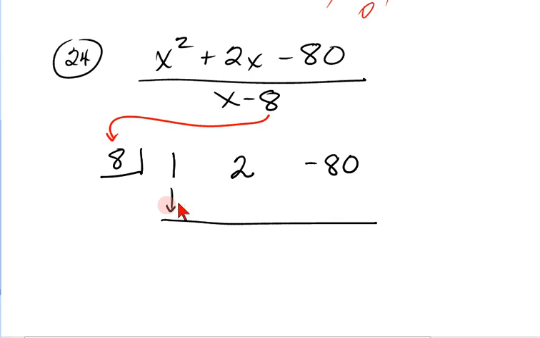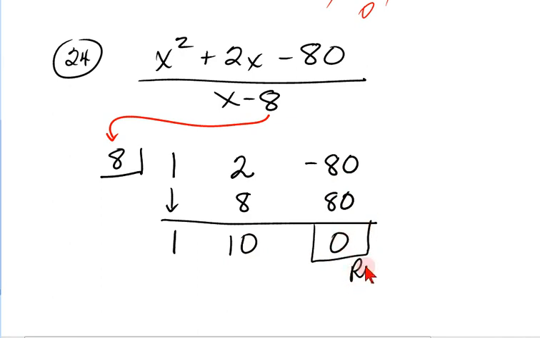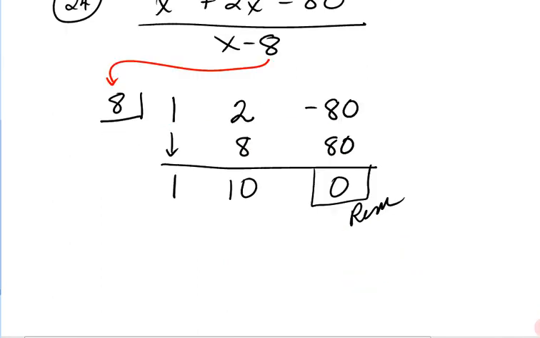Drop the 1. And now it's multiply, write it down, add. 1 times 8 is 8, add for 10. 10 times 8 is 80, add for 0. What is this number? The remainder. That's the remainder. Okay, so I have a remainder of 0. Now I've got to translate this back into polynomial notation.